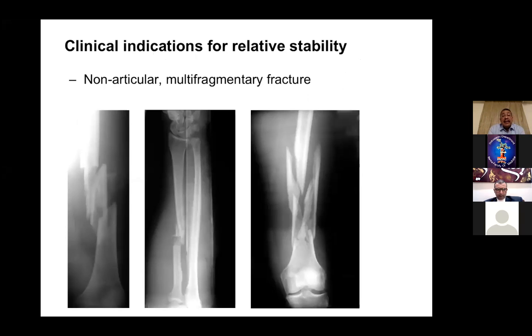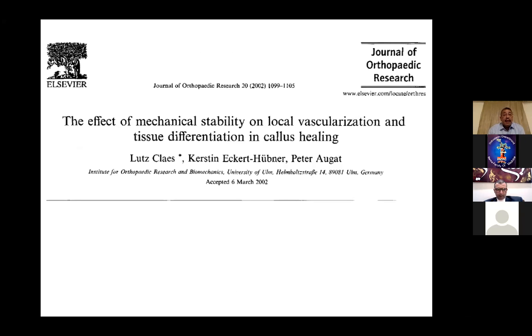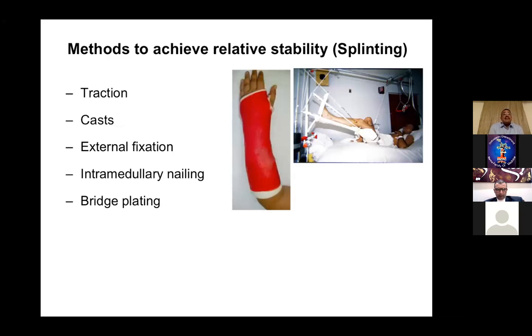And the clinical indication for relative stability is clear. It is non-articular multifragmentary fractures, whether diaphyseal or metaphyseal. You can refer to this article if you would like more information about this. How can we achieve relative stability? What are the methods?